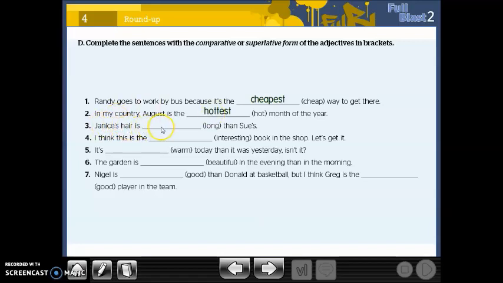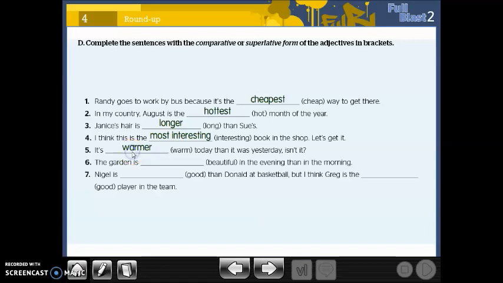Jenny's hair is longer than Sue's. I think this is the most interesting. This adjective has 3 syllables or more, so we add the word most.